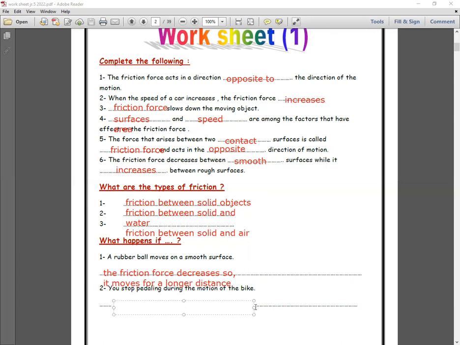You stop rattling during the motion of the bike. So the bike will slow down, then stop.